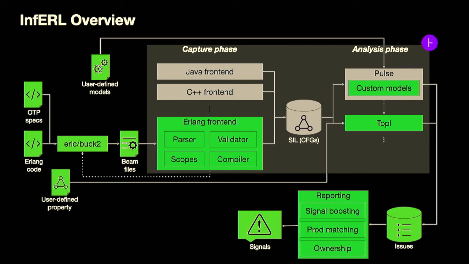And then we use the Erlang compiler to transform the source code into Beam files, including their abstract syntax trees. And second, in the analysis phase, we run different backend analyzers. Here we run Pulse and Topl for Erlang use cases. And finally, the issues are reported through the CI pipeline.